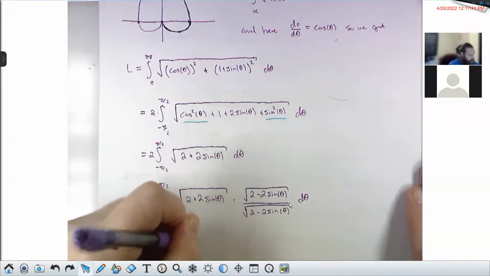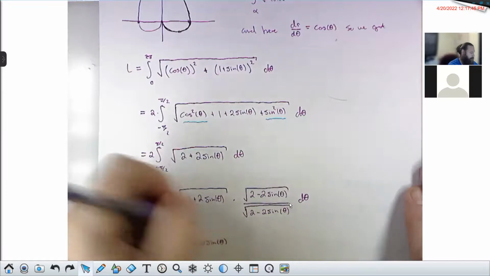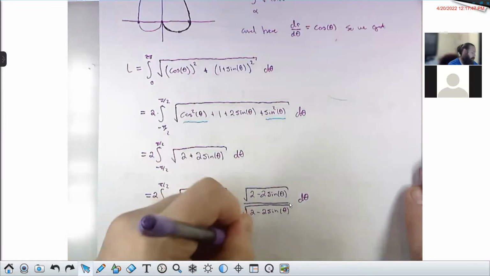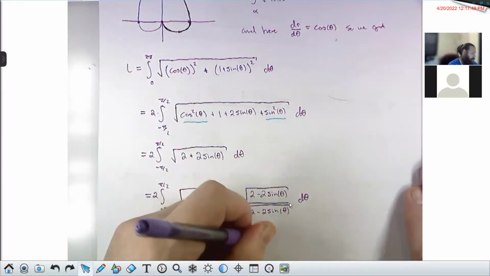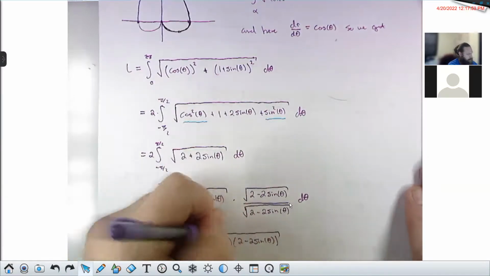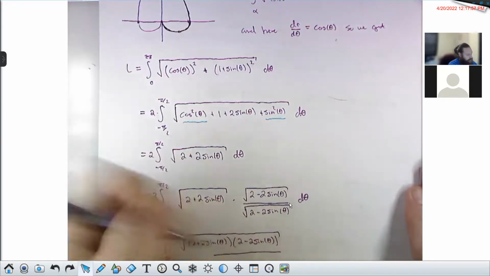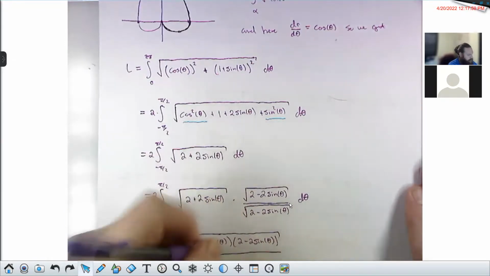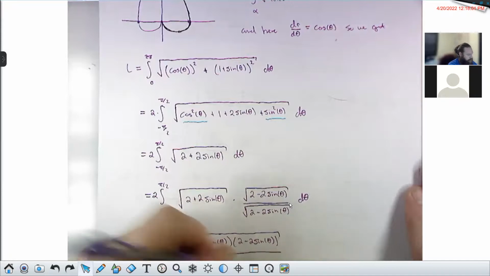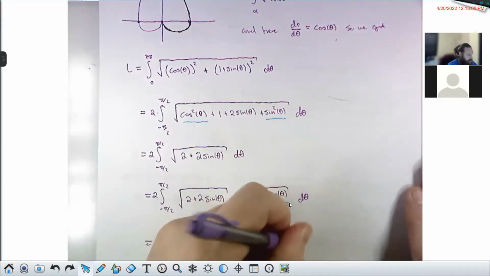Upstairs you'll have 2 plus 2 sine theta times 2 minus 2 sine theta, all under one square root, because square roots do play nice with multiplication. And downstairs, you'll have the square root of 2 minus 2 sine theta.